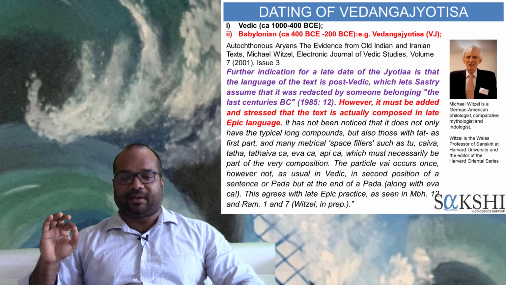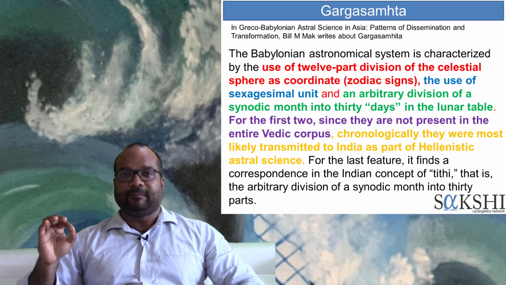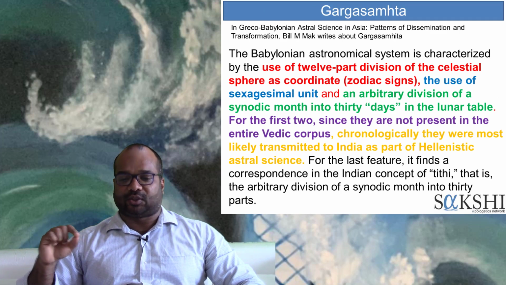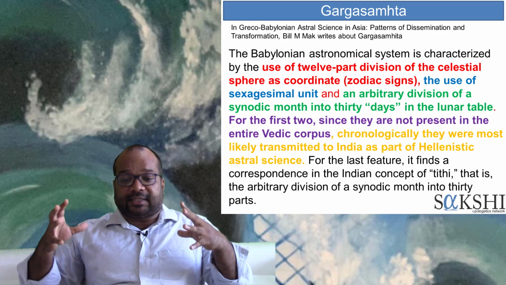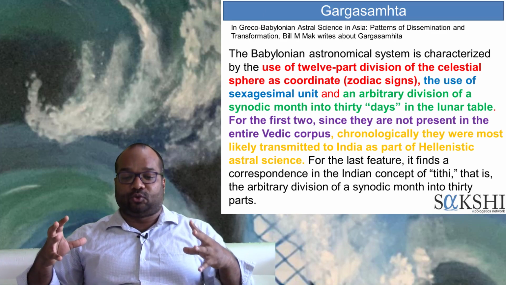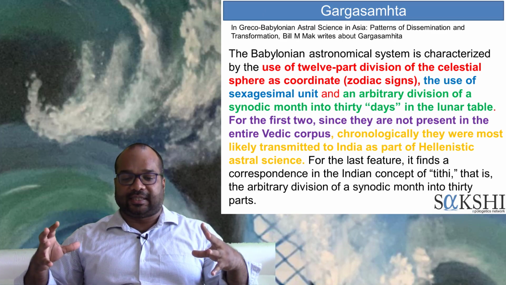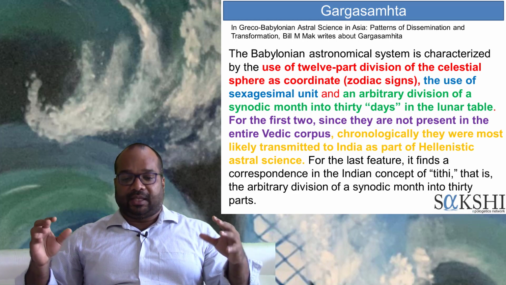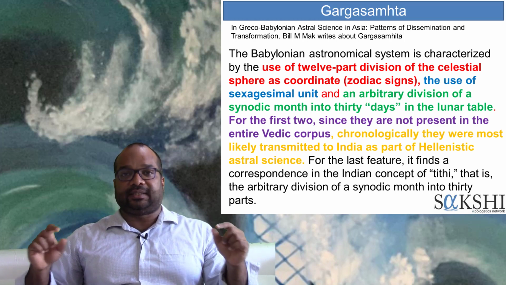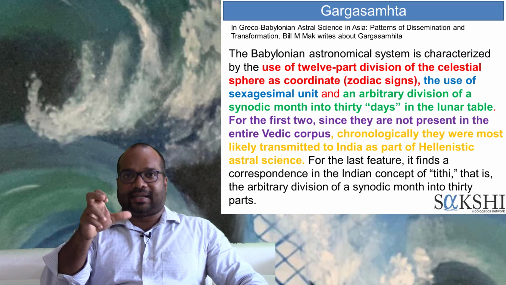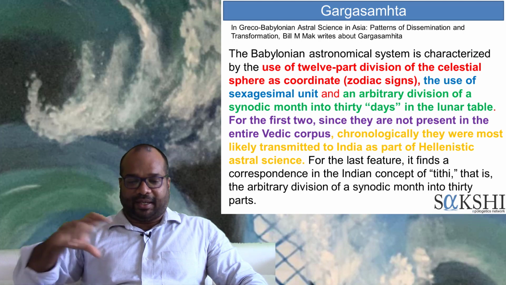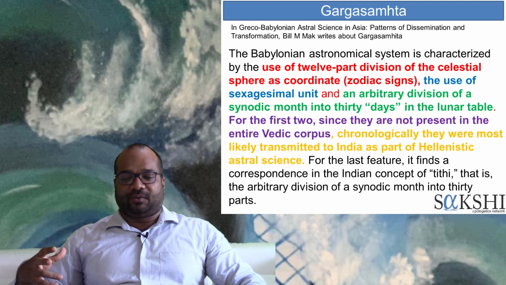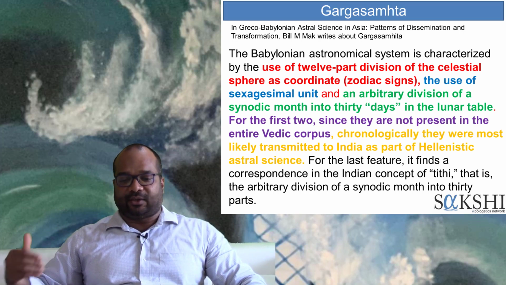In the paper by Bill Mak, whom I quoted earlier, in Greco-Babylonian Astral Science in Asia: Patterns of Dissemination and Transformation, he says the Babylonian astronomical system is characterized by the use of 12-part divisions of the celestial sphere as a coordinate, the use of sexagesimal units, that is, they don't consider 10 as the base, they consider 60 as the base of their numbering, and an arbitrary division of the synodic month into 30 days in the lunar table.